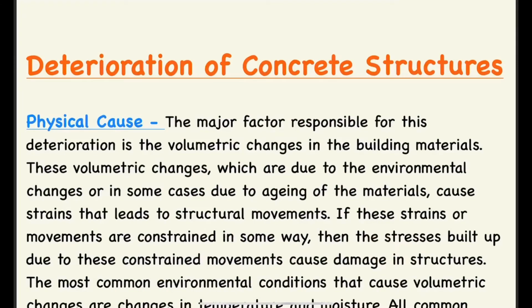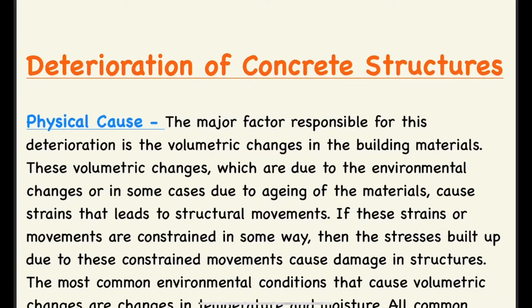Okay. The major factor responsible for this type of deterioration is the volumetric changes in the building material. So we know that structures are made with building materials. So one of the major factors which is responsible for deterioration, the physical cause, is volumetric change.